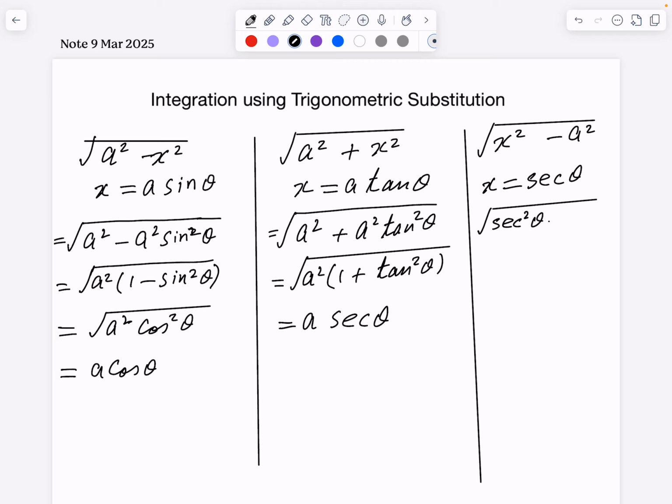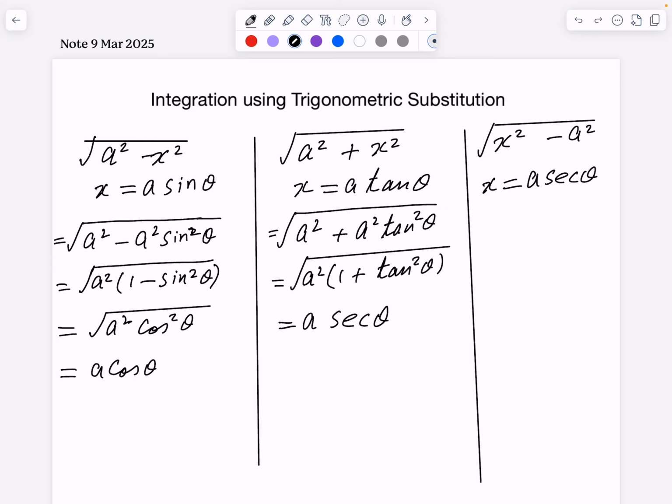I'm sorry, it's going to be a secant theta. And now we're going to substitute this in this equation.